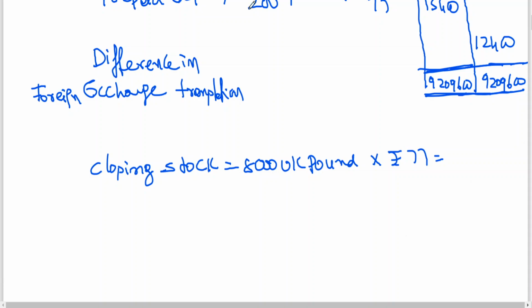You can write symbol also. Just I am writing UK pound. You can write the symbol like this. 8,000 into 77, it is coming to 6,16,000. Then this final accounts is normal.